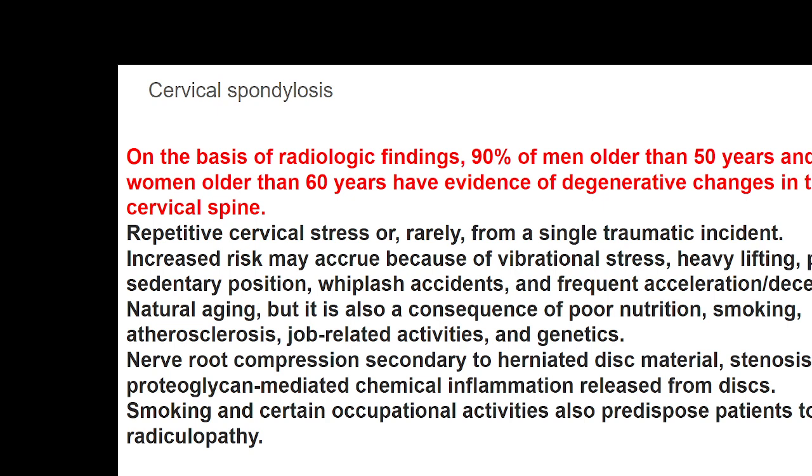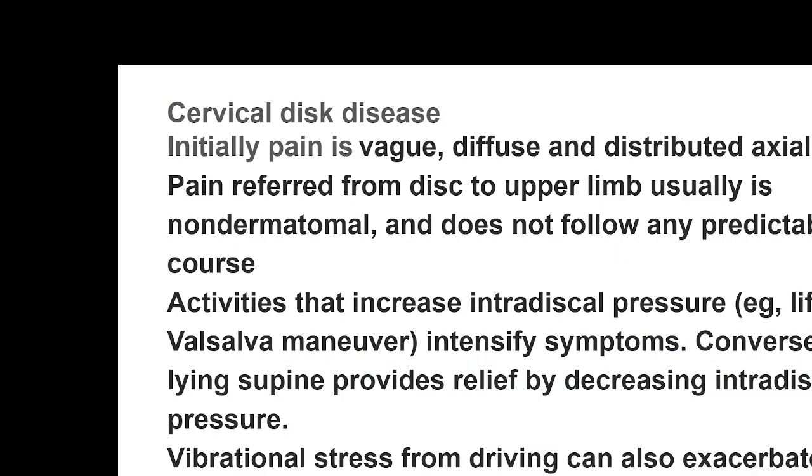Then nerve root compression may be as a result of the herniated disc, as we have discussed earlier, or stenosis, proteoglycan mediated chemical inflammation. Our simpler option of assessing this would be serum uric acid study. Smoking and occupational activities also predispose a patient to cervical pain.